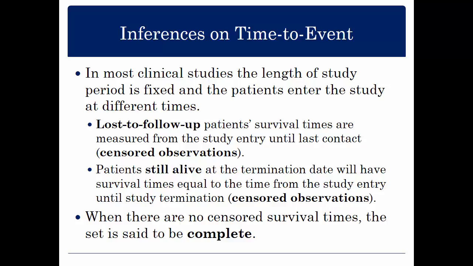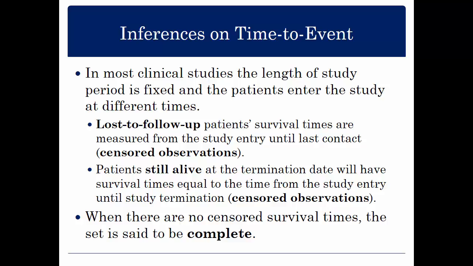So I have to get all my patients enrolled, I have to treat them, and I have to follow them for their response. I may have a predefined 1-year term of follow-up. So patients are going to come in at different times, and I'm going to follow them for a specific length of time in most clinical trial scenarios.